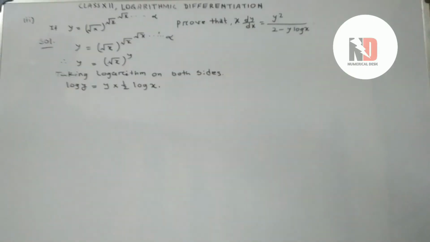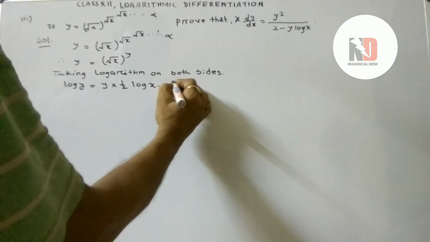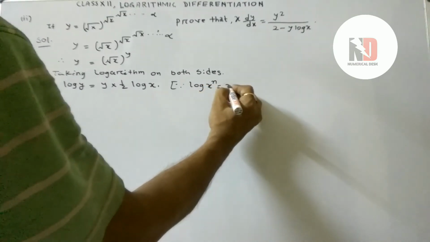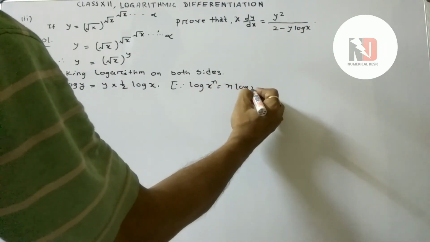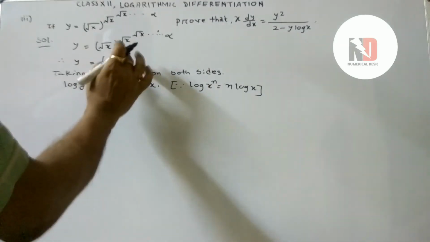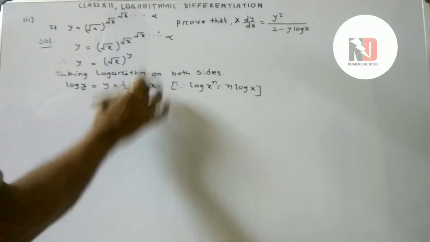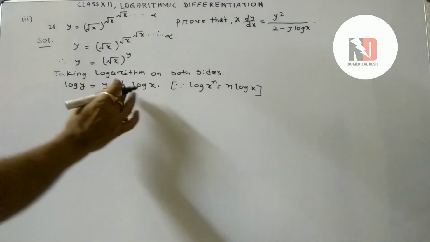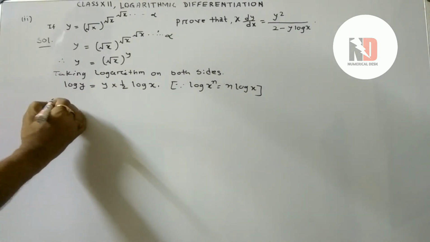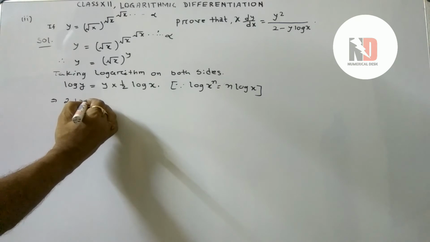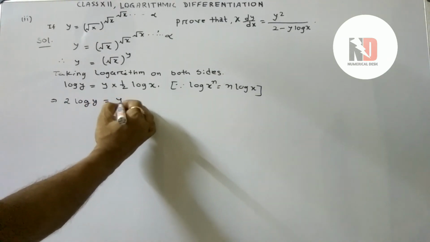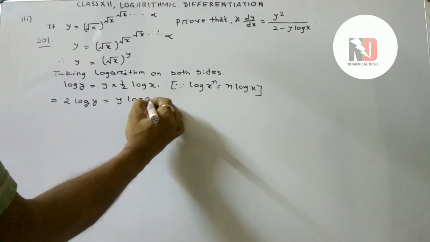Now you know this, though I am writing it here: log x to the power n is n log x, so this is used here. y is placed in front of log using this law of log shown in the bracket. Now log y equal to, 2 is multiplied on both sides, so 2 log y equal to y log x.